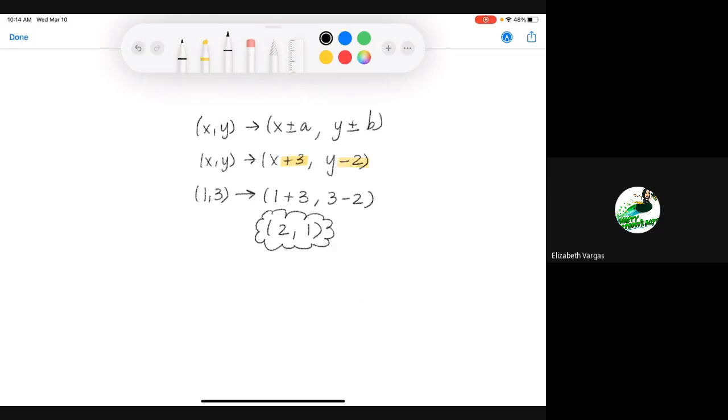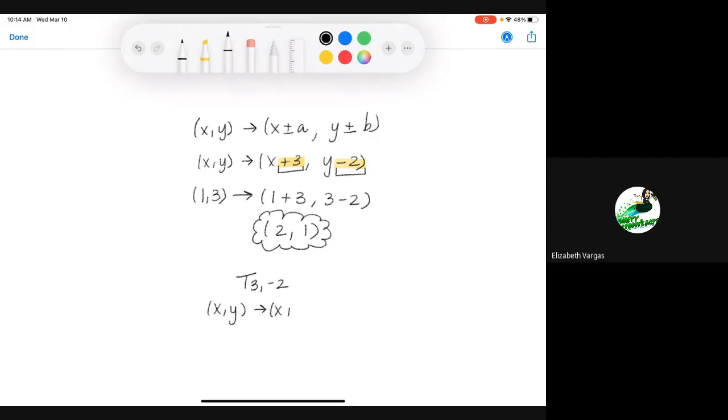This can also be represented in the other form that we saw, which was the function rule. The way that that would be done is translation, +3, -2. So that tells me the same thing as my mapping rule. It's basically the same thing.